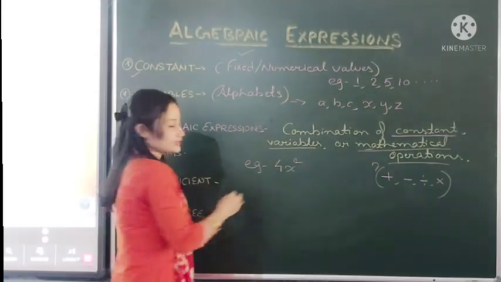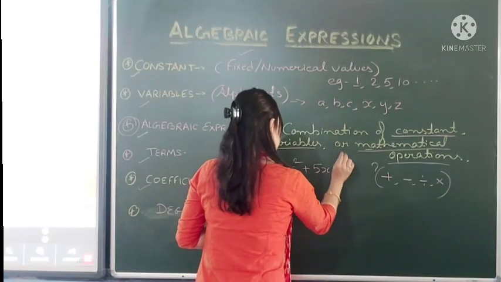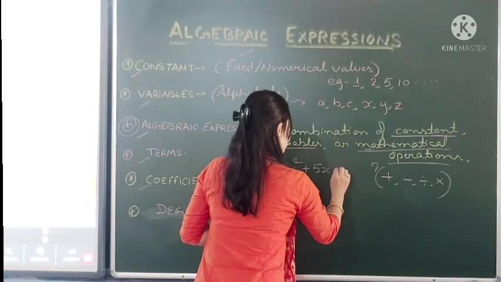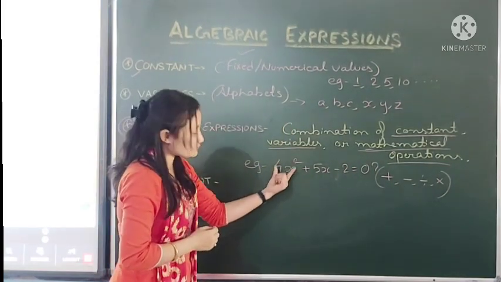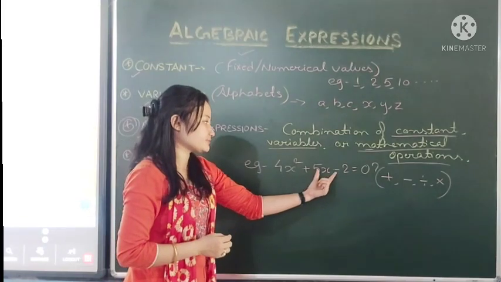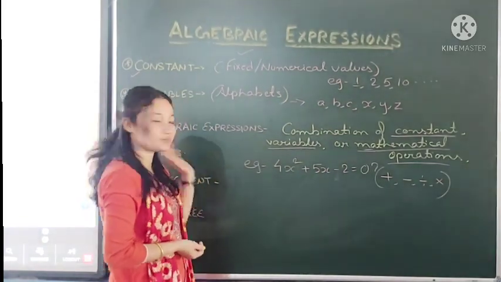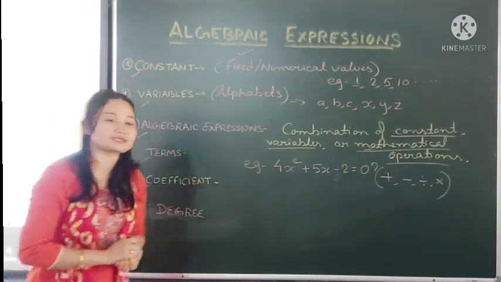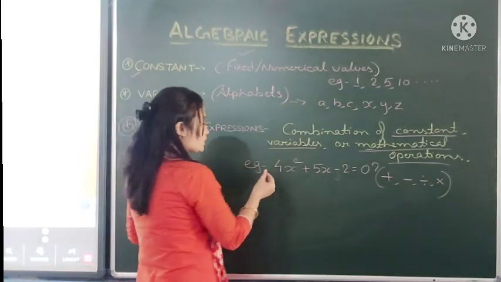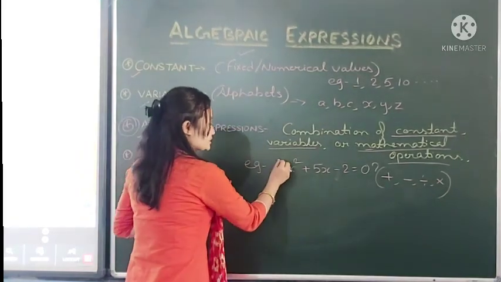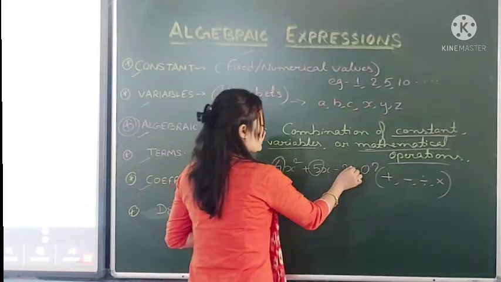4x square plus 5x minus 2 equal to 0. So now can we say this 4x square plus 5x minus 2 is an algebraic expression? Yes, we can say this is an algebraic expression, because we have a combination of constants, that is 4, 5 and minus 2.